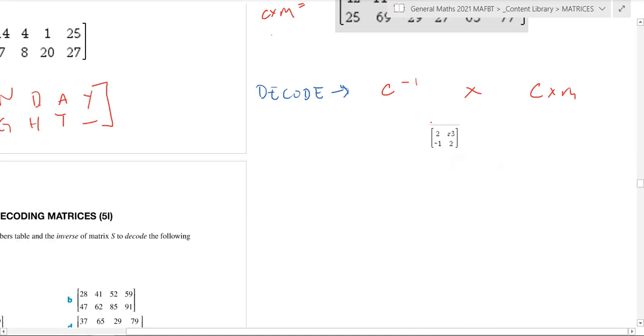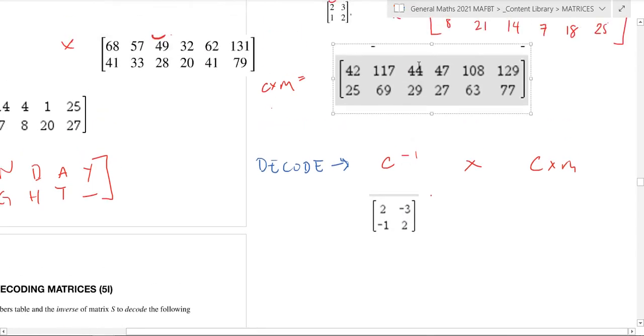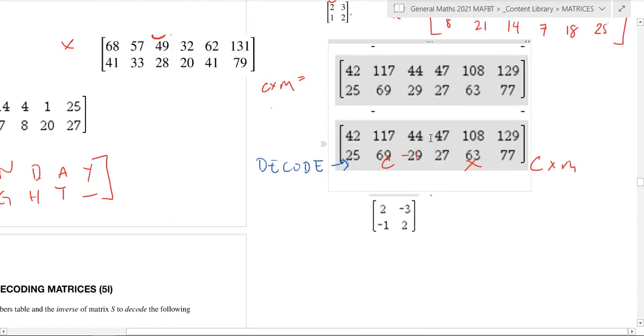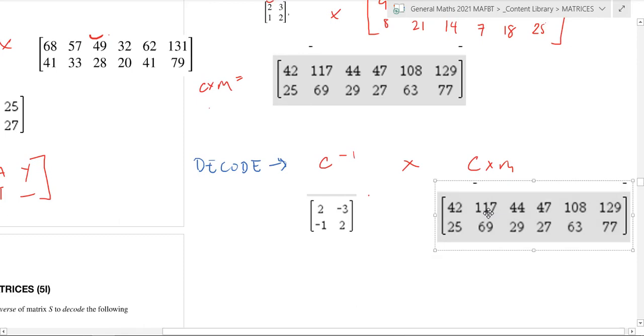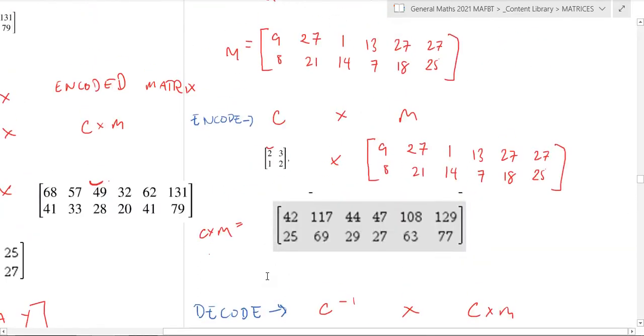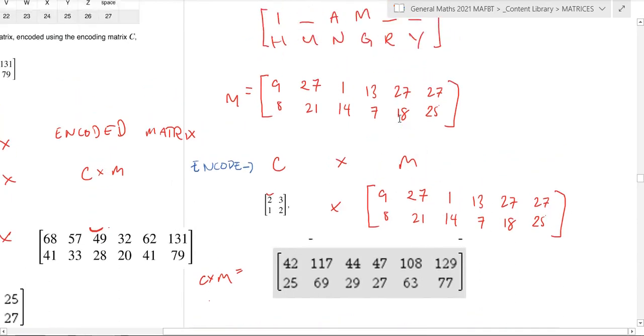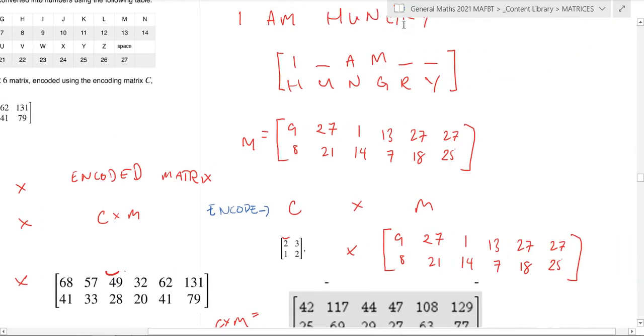All right, so get C inverse, and you've got to multiply it with this matrix. Remember this was C times M, so I have to now decode the matrix. The answer, if you do it properly, should revert you back to this original matrix here, which corresponds to these letters and gives us the message I am hungry.